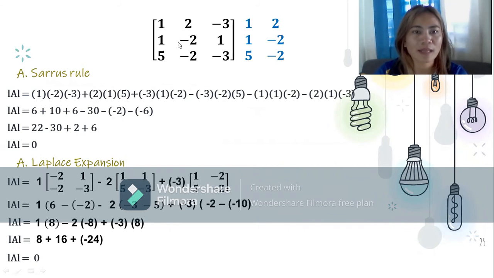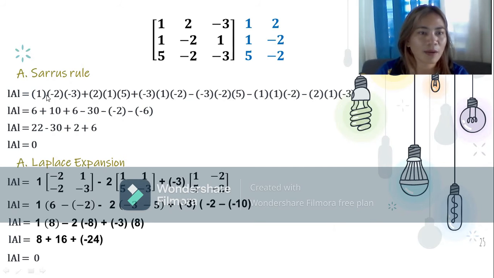So 1 times negative 2 times negative 3, plus 2 times 1 times 5, plus negative 3 times 1 times negative 2, minus negative 3 times negative 2 times 5, minus 1 times 1 times negative 2, minus 2 times 1 times negative 3.